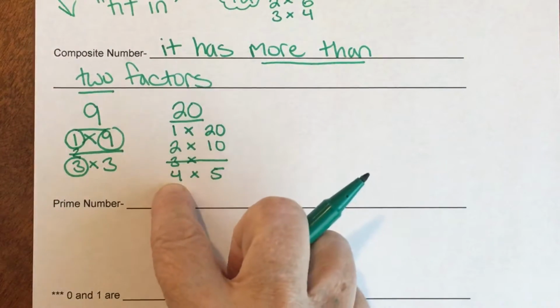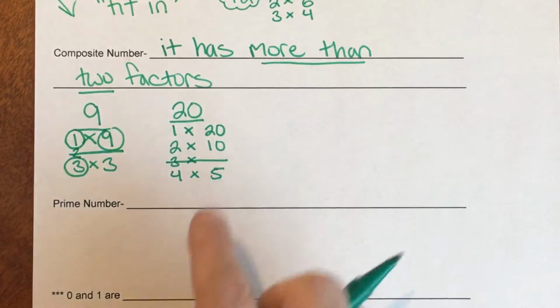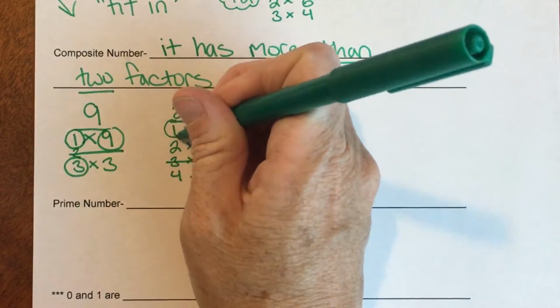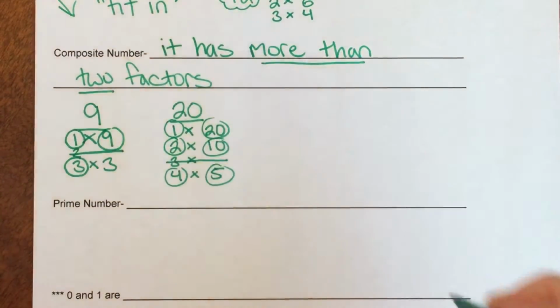And if I go to 5 now, I'll have a repeat, so I'm going to stop. If I look at 20, 20 has 1, 2, 3, 4, 5, 6 factors. So again, it's called a composite number. We could try this with many different numbers.